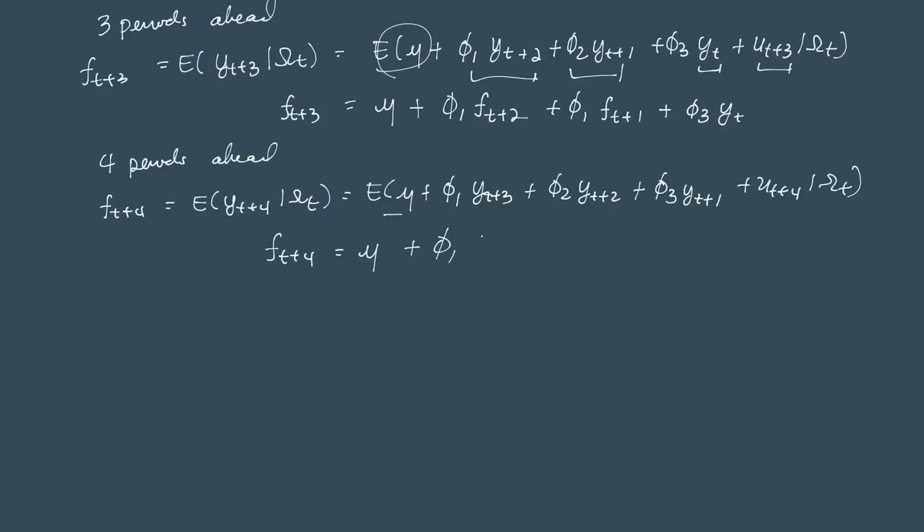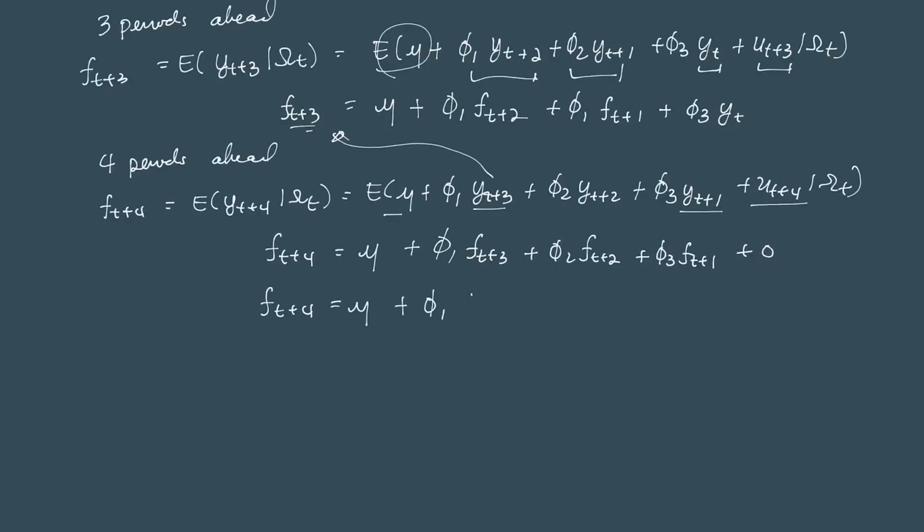Again we use the forecast 3 periods ahead; yt plus 3 is this one here. Then phi 2, we still know that, that's ft plus 2. This one is ft plus 1. The mean of this one is 0. So our forecast 4 periods from now is mu plus phi 1 ft plus 3 plus phi 2 ft plus 2 plus phi 3 ft plus 1.